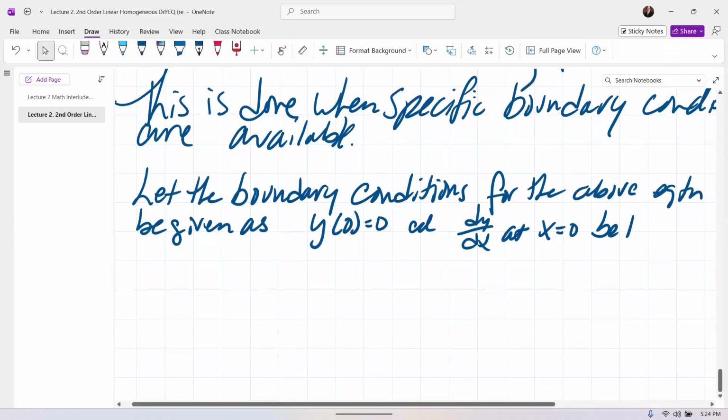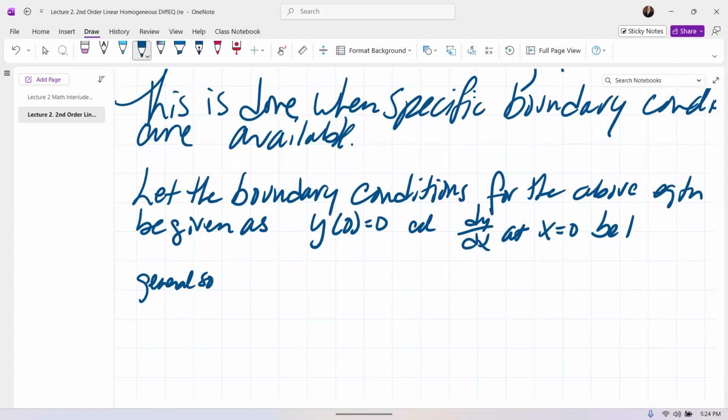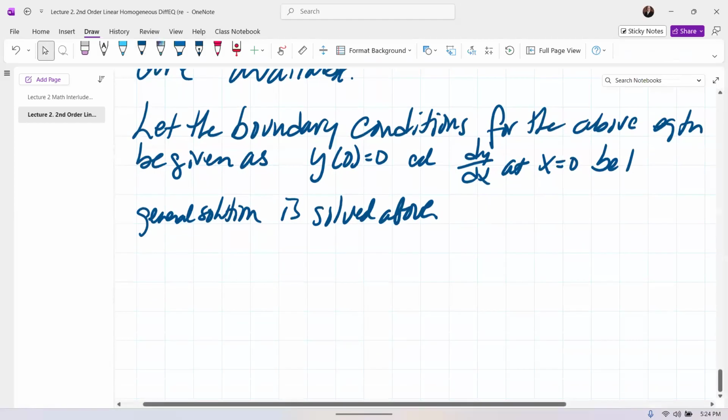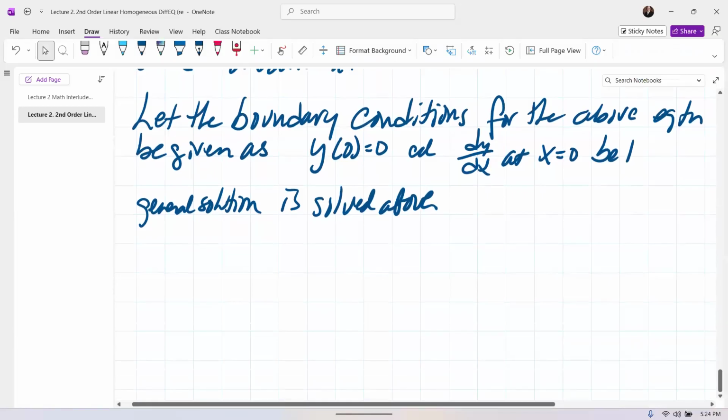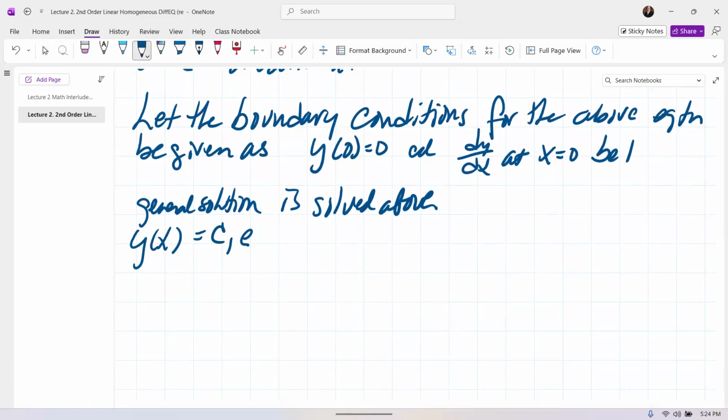The general solution is solved above. So what we should do is start with the general solution: y of x equals C1 e to the x plus C2 e to the 2x.